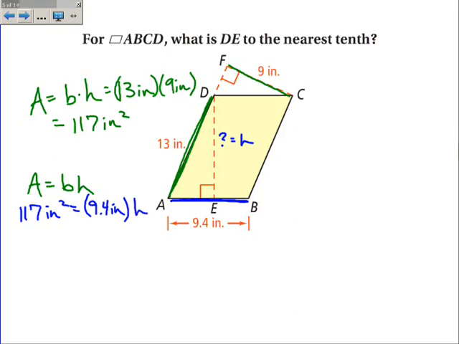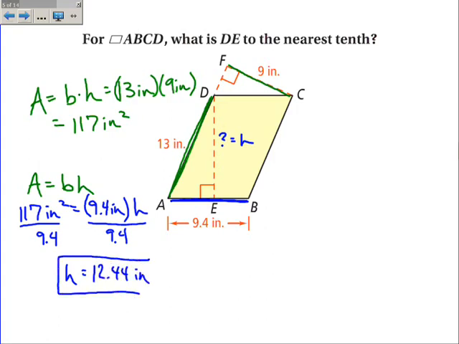Okay, to solve this, I will divide both sides by 9.4. And the height is equal to 12.44 inches. Now notice this is inches and not inches squared. It's because my answer is a length, not an area.